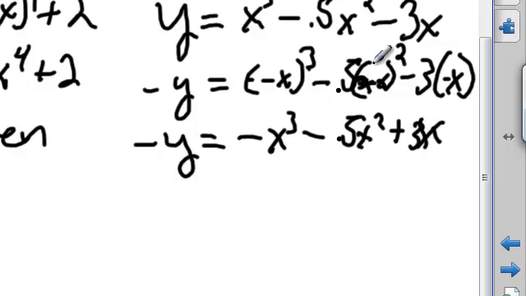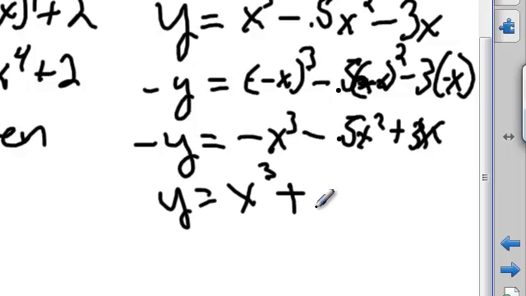Now, dividing both sides by negative 1, I end up with y equals x cubed plus 0.5x squared minus 3x.